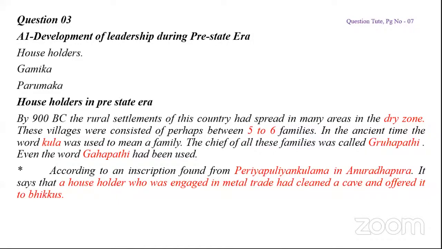Without giving examples, if you write an answer, it is given less marks. The evaluators expect you to write more things, including examples. Your answer must not be touching the surface. It should go deep into the answer. Then only can you get an A pass. Otherwise, you can't get an A pass.